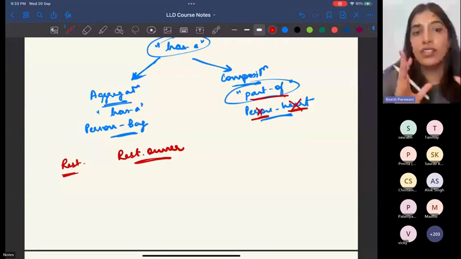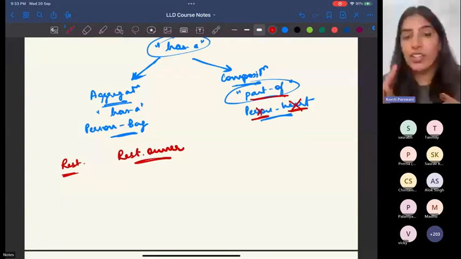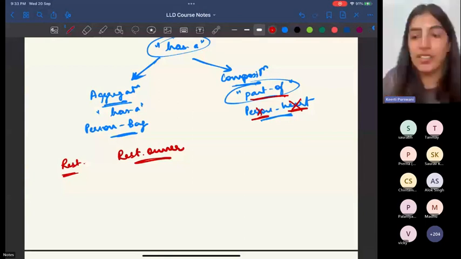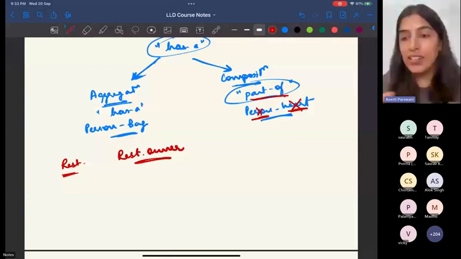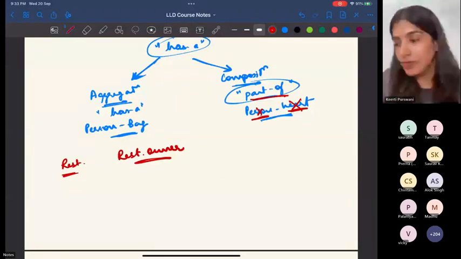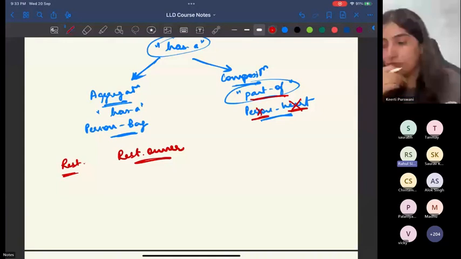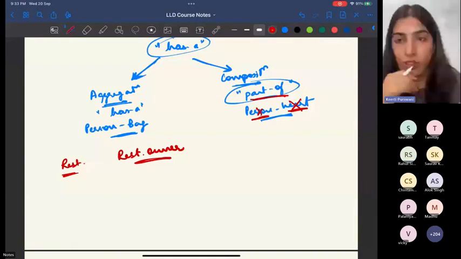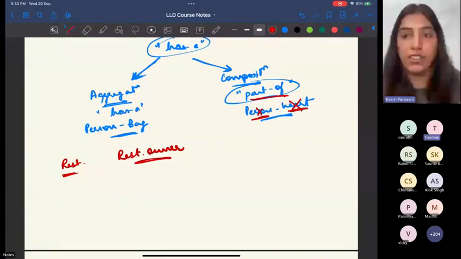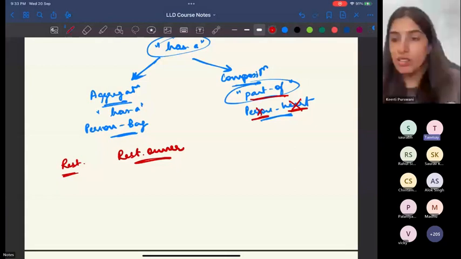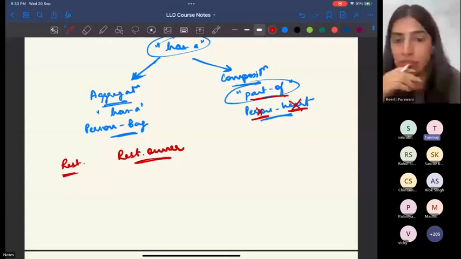Tell me in the comments whether a restaurant has a restaurant owner or a restaurant owner has a restaurant, and what can exist without what. A restaurant owner has a restaurant and it's a part of relation. So you're saying that a restaurant cannot exist without a restaurant owner. Isn't that subjective to how many restaurants a restaurant owner is owning?